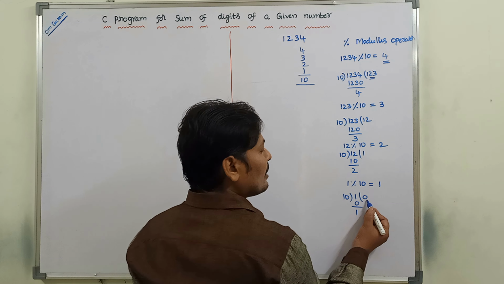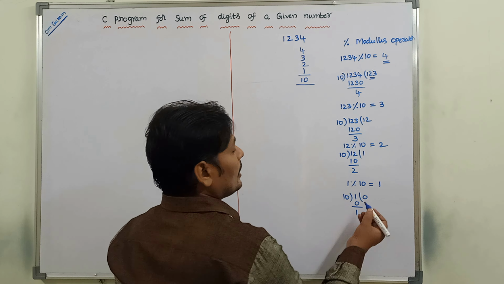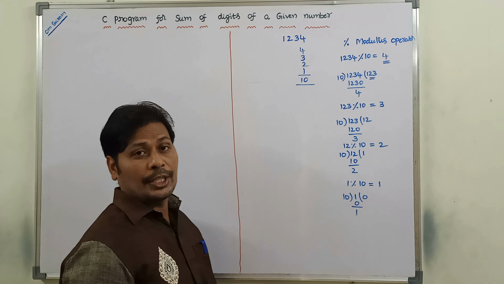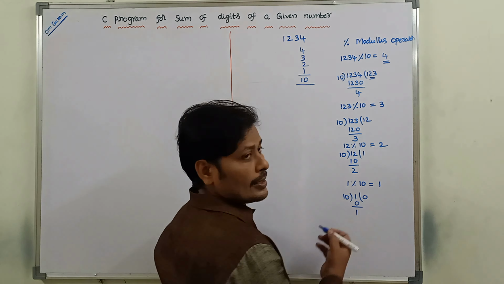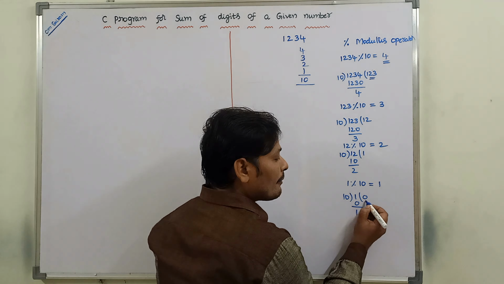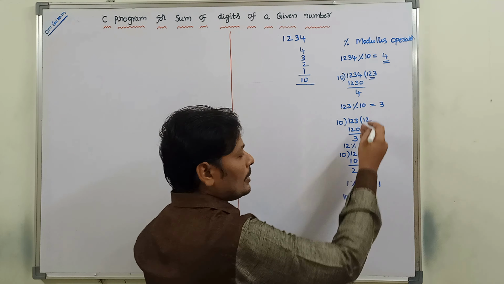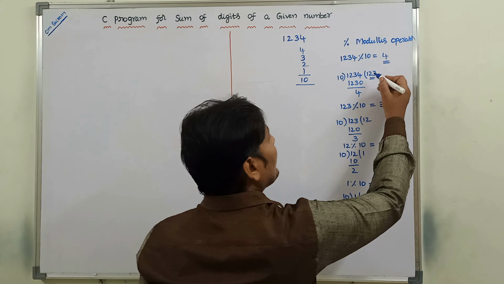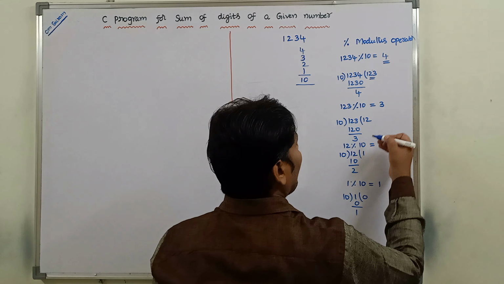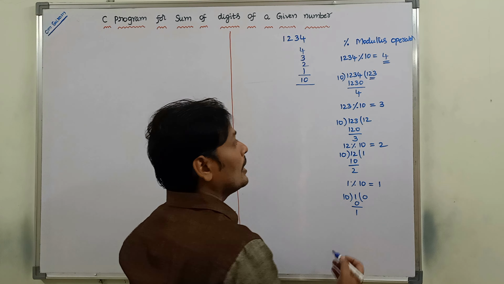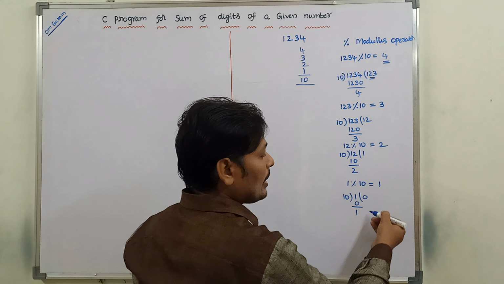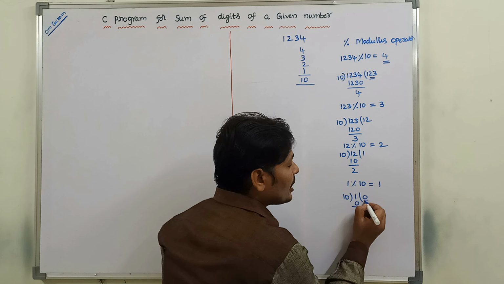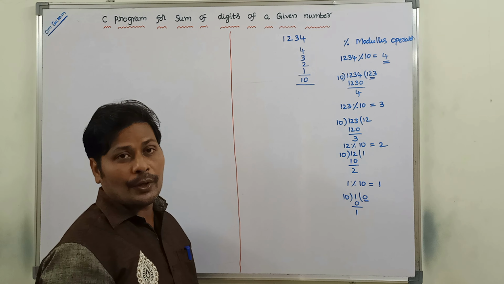Next, this number can be taken: 0. Is n greater than 0? 0 greater than 0 is false. Until the quotient value is 0, we continue this process. This is called the quotient. So this procedure is repeated until the quotient value is 0.